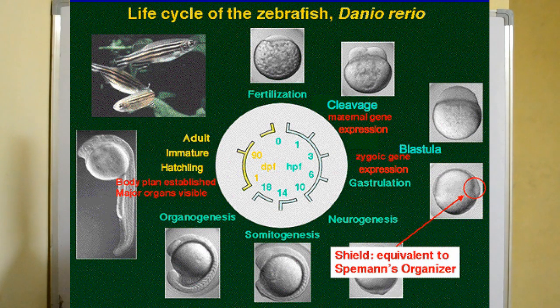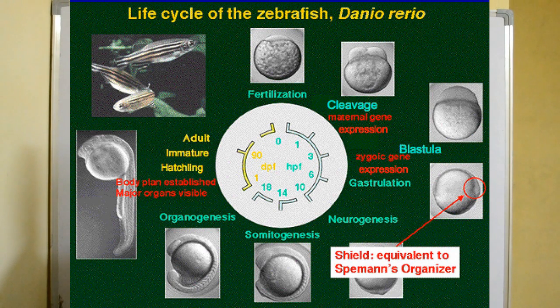And here we can see there is a Spemann's organizer, which indicates the dorsal to ventral axis position. The arrangement of the embryo in the dorsal ventral axis can be visualized by the observation of the Spemann's organizer.